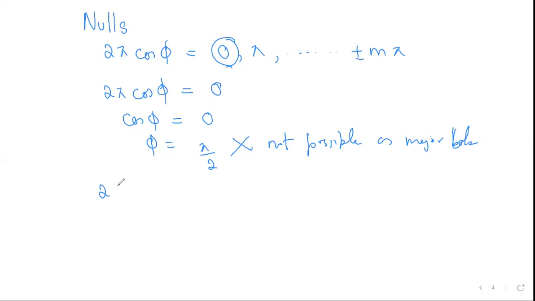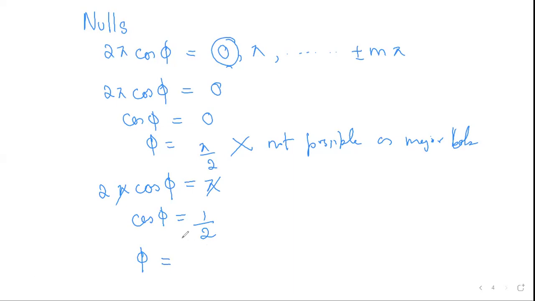All right. Now the next state is 2 pi cos phi equal to pi. Then what happens here? Cos phi becomes half. So phi becomes what? Pi by 3. They are younger, so I leave that to them. They remember faster than me.